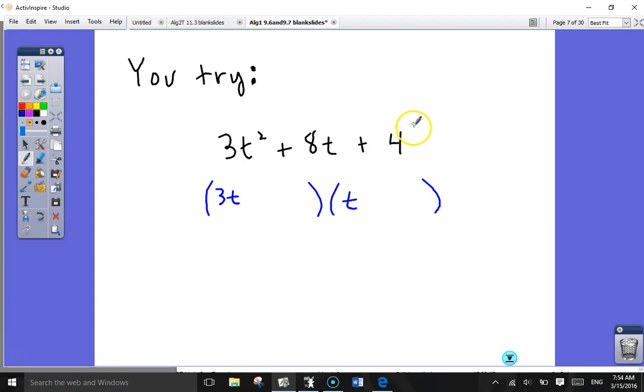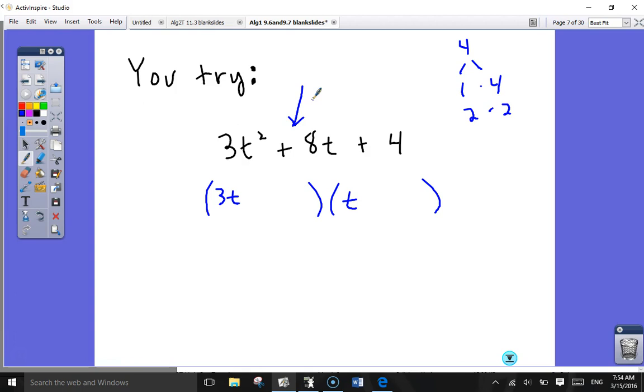But the last number, 4, could actually be 1 times 4. It could be 2 times 2. I guess it could be negative 1 times negative 4, or negative 2 times negative 2. But what do you think it would be? Since this middle term is positive, it should be positive. We're dealing with positive numbers here.